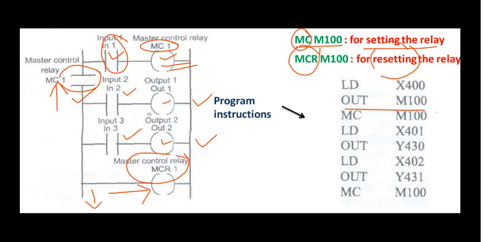Then very importantly, the third instruction, please see here, is MC M100. That means you are setting the master control relay here. MC stands for master control relay, which is getting set here. After that come these two instructions as per rungs 2 and 3, and finally here you will have MCR M100, master control reset.